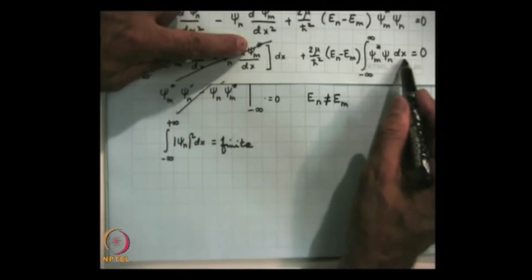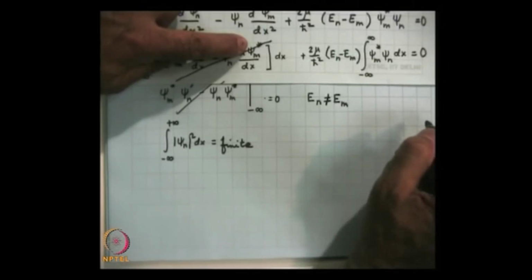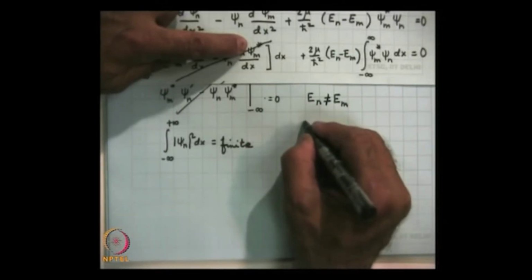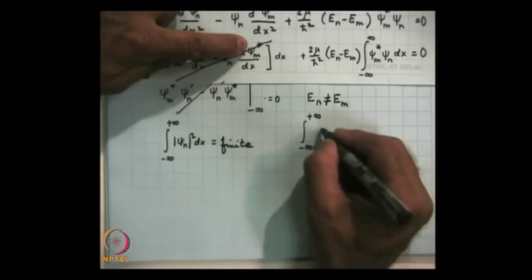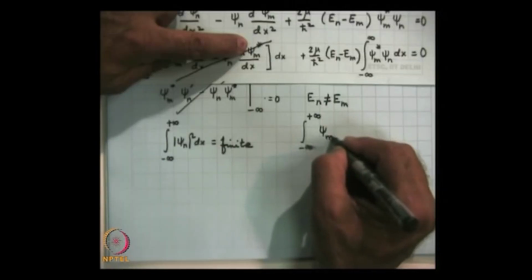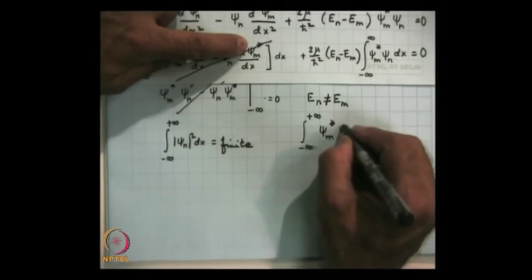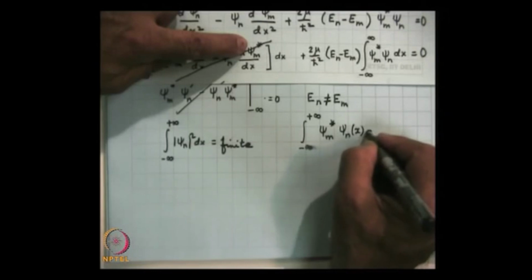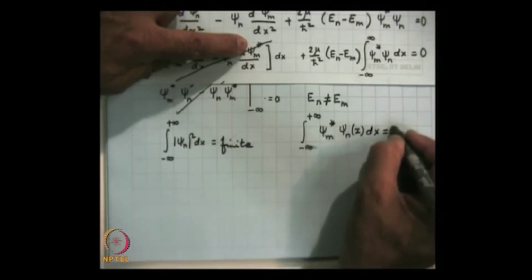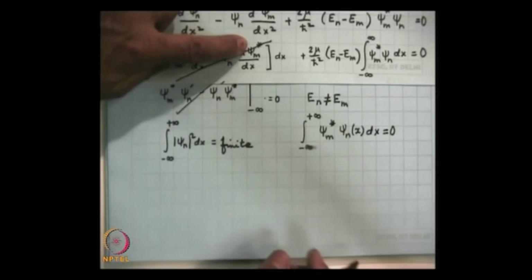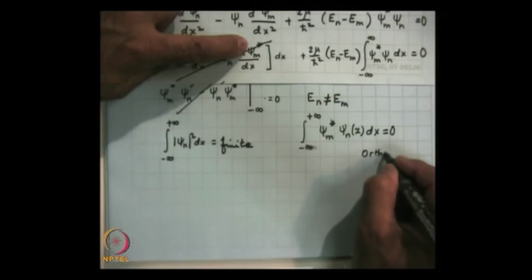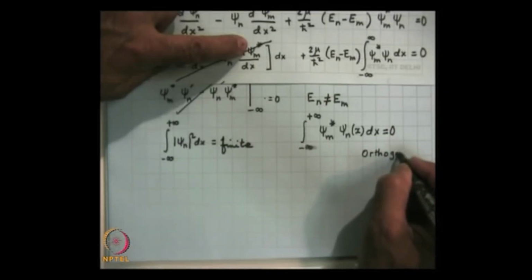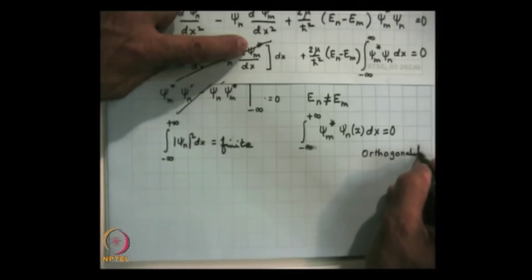Therefore, this integral must be 0, and this integral from minus infinity to plus infinity psi m star of x psi n of x dx must be 0 when E n is not equal to E m. This condition, as I had mentioned earlier, is known as the orthogonality condition.